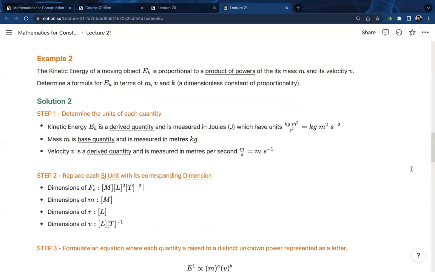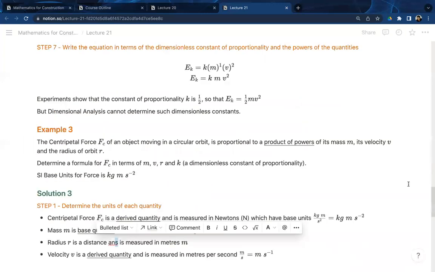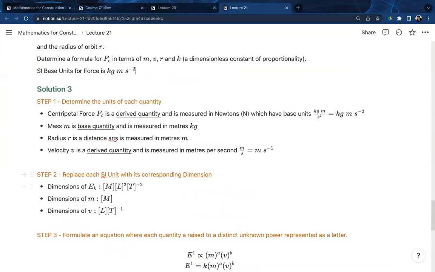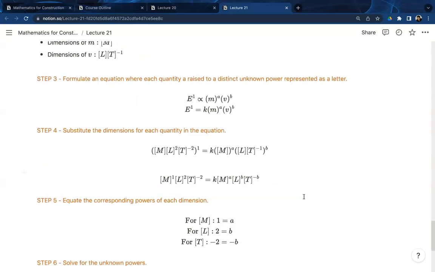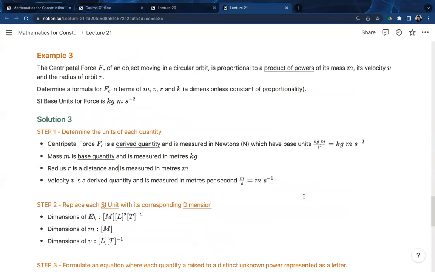It looks like something happened here. What went on here? It's solution 3. Right. So force is kilogram meter per second squared.